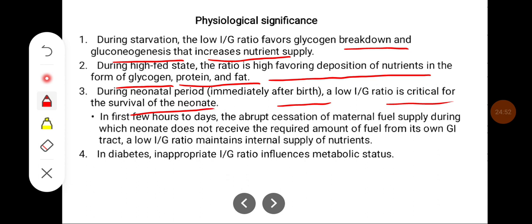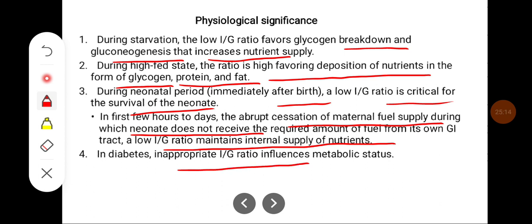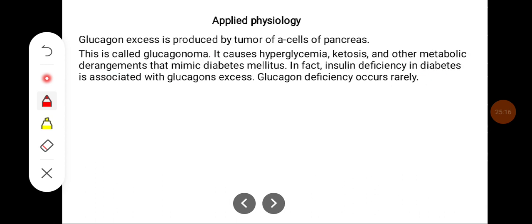In the first few hours to days, due to the abrupt cessation of maternal fuel supply, during which the neonate does not receive the required amount of fuel from its own GI tract, a low I/G ratio maintains the internal supply of nutrients. In diabetes, inappropriate I/G ratio influences the metabolic status.